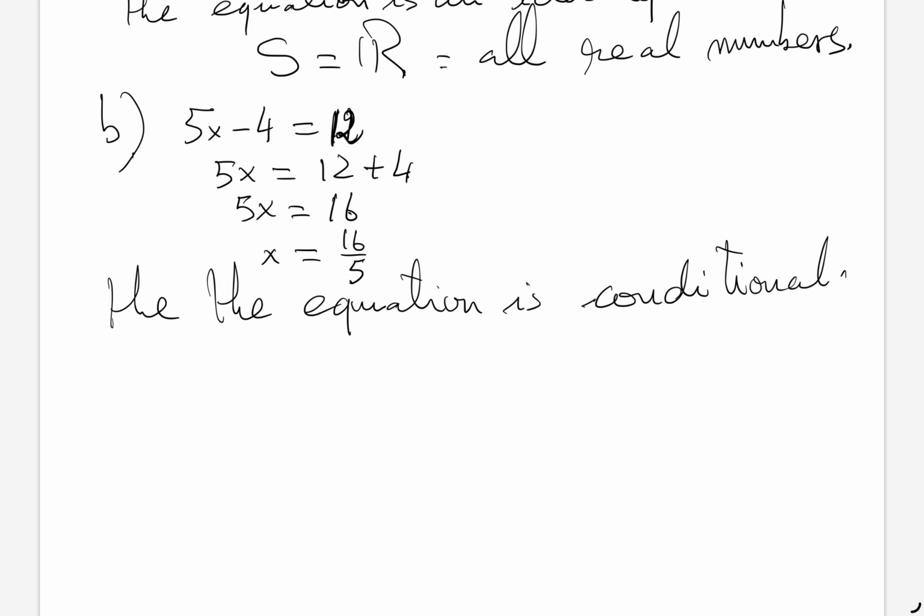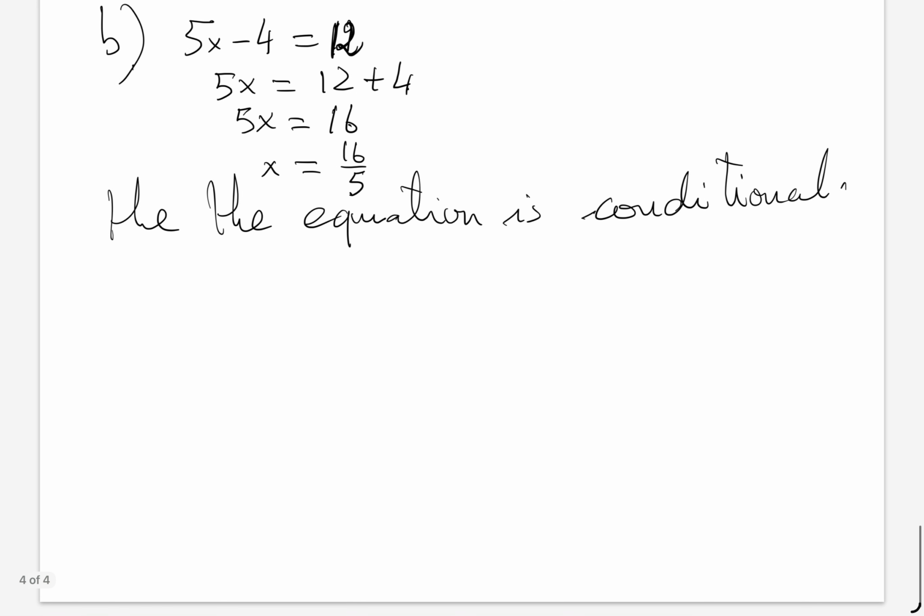Next, which is the last one, A, B, C. The C we have, for example, 3 parentheses x minus 1 is equal to 3x plus 7. Look at here. Okay, we have this one now. Let's solve it. Let's distribute the number on the top.